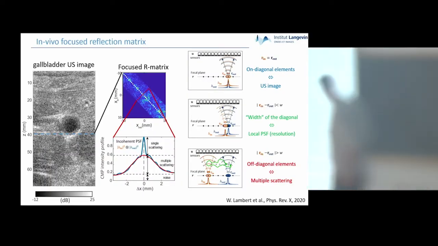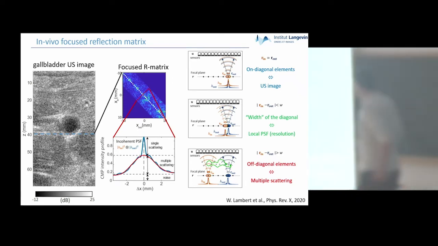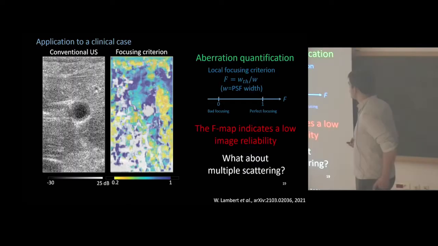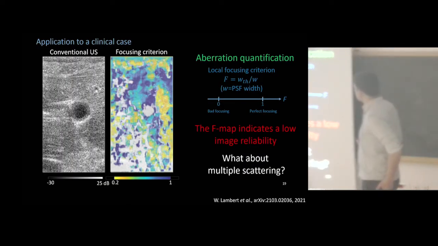I look at the width of this single scattering contribution, and then I compare it to what it should be in an ideal case. It gives me important information, because it's a parameter that goes from 0 to 1: 0 bad focusing, 1 perfect focusing. So I can probe this focusing criterion locally.